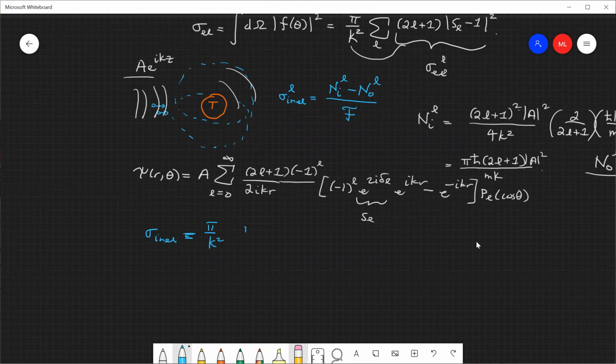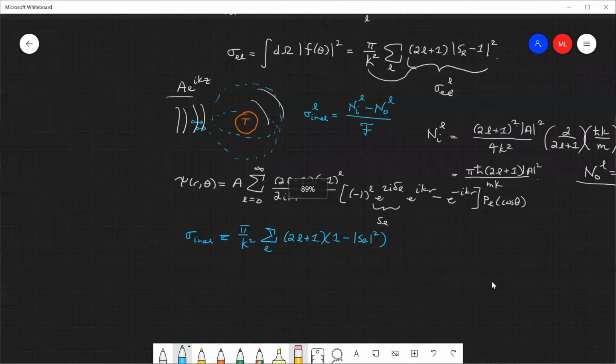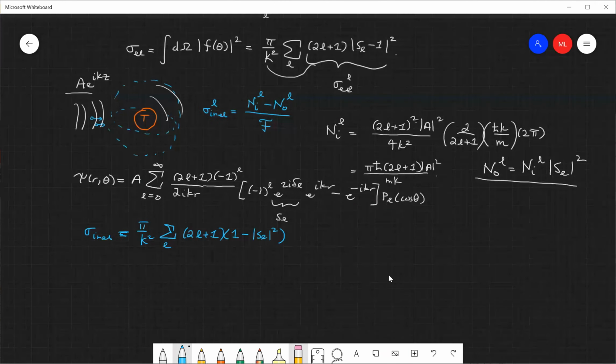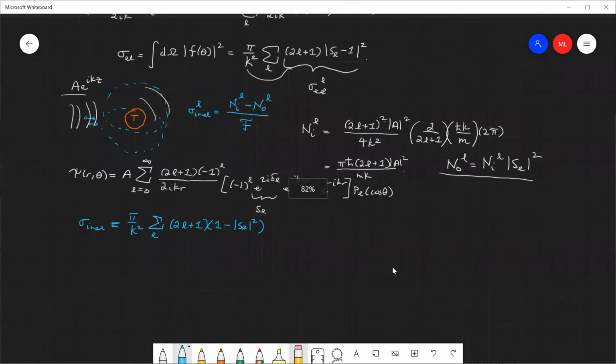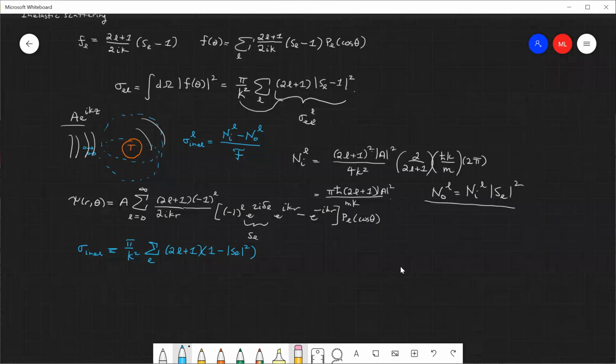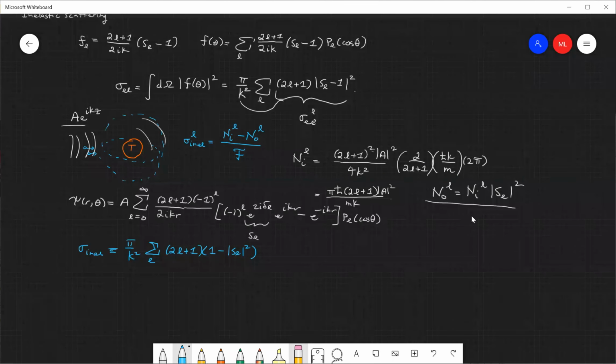It must be the same as the elastic scattering cross section, except you have 1 minus the magnitude of S sub l squared, because you can just use this formula, right?